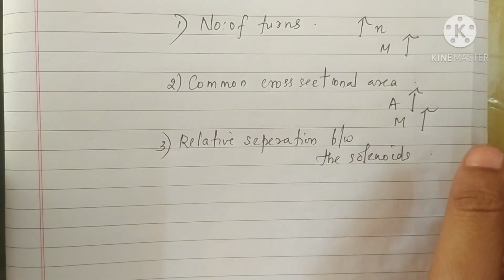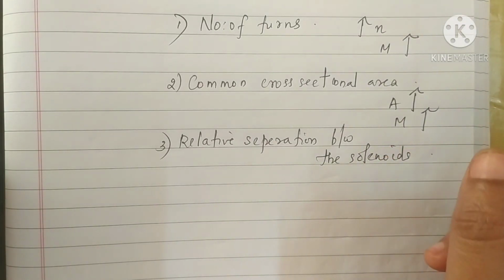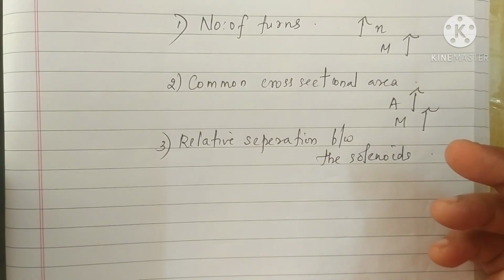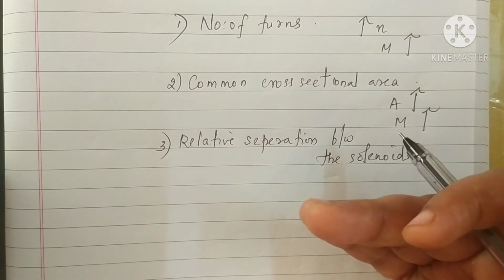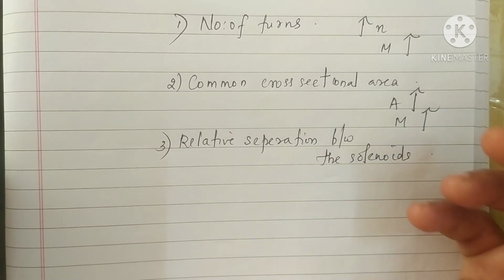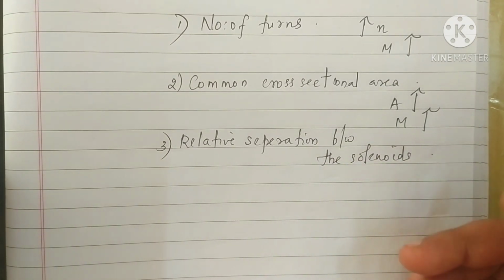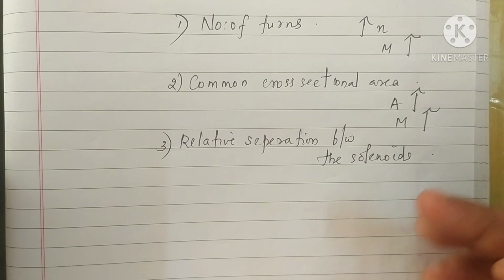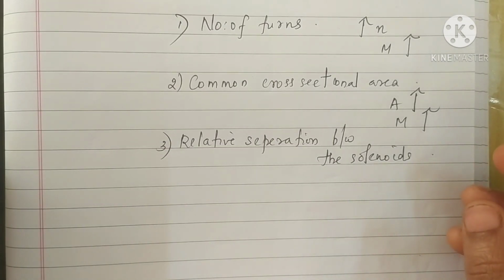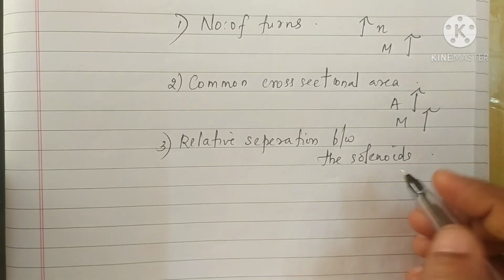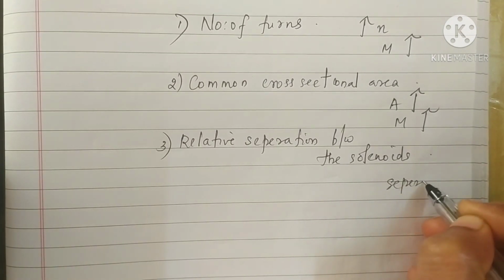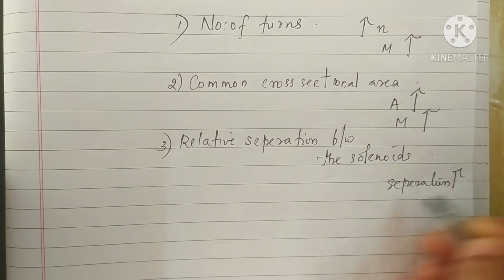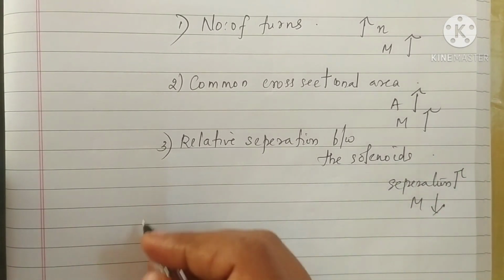The larger the distance between the solenoids, the smaller will be the magnetic flux linked with the secondary coil due to the current in the primary coil. As you know, there are two coils, one wound over the other, and if the distance between these two increases, the mutual inductance decreases.